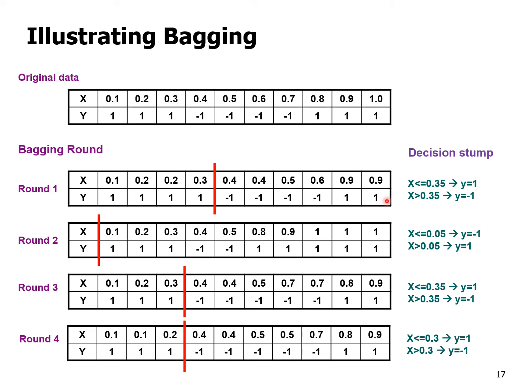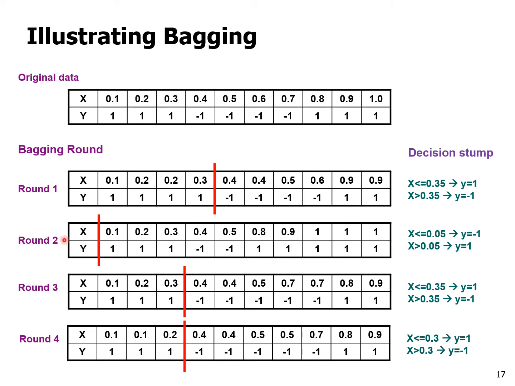These two data are errors, and this is no error, and this is no error, but these two are errors. So for this particular decision stump, its error is 2 out of 10. So accuracy is 80%, and error is 20%.